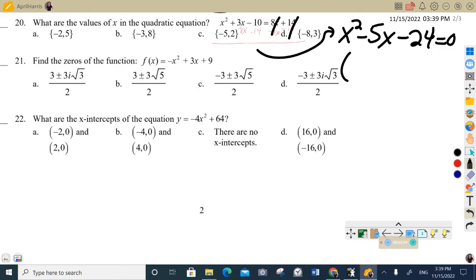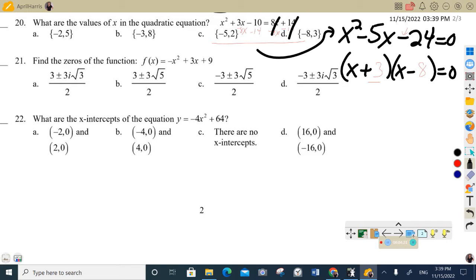So I'm going to do my skeletons here. I've got to multiply to get a negative, so one's positive, one's negative, and a difference of 5. What multiplies to give you 24 and has a difference of 5? 3 and 8. My middle sign's negative, so the bigger number needs to be negative. So 8 goes here, 3 goes there.